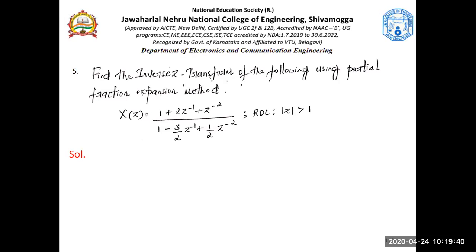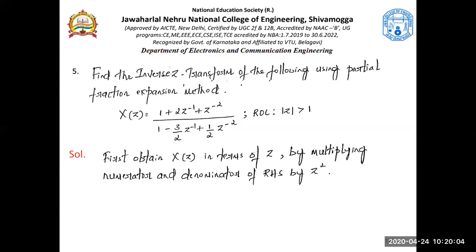I'm again repeating, there are some textbooks, for example Uday Kumar, which deal with negative powers of z because he has derived the standard transforms in negative powers of z only. He is not bothered to get into the positive powers. But we have done it with the positive powers of z. So that's why it's important for us to get into positive powers of z.